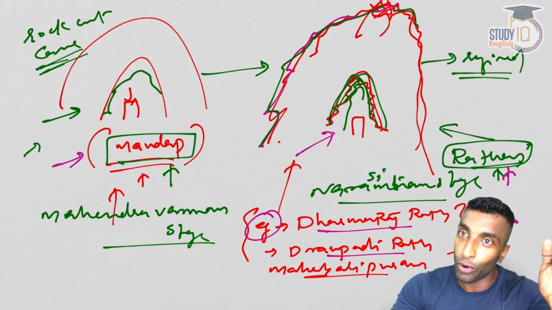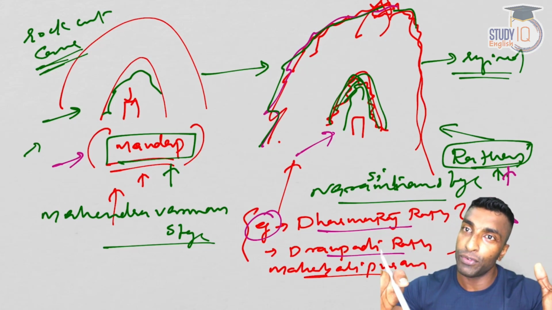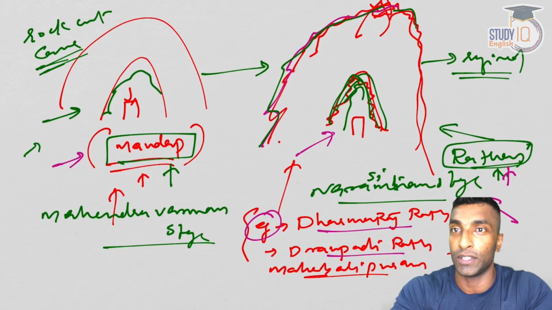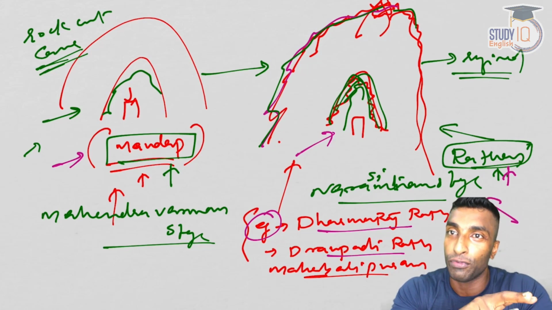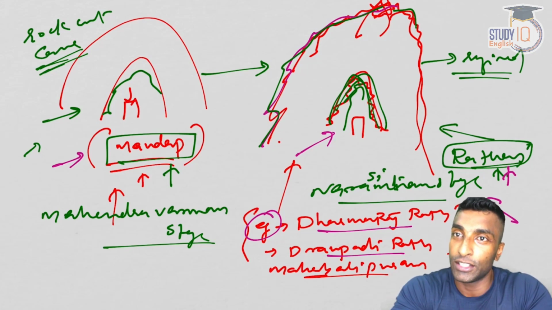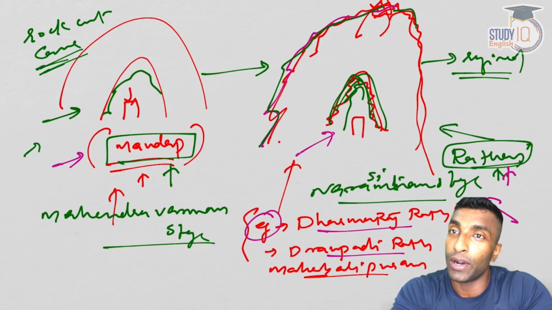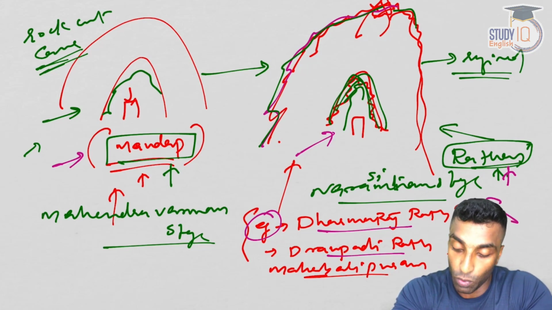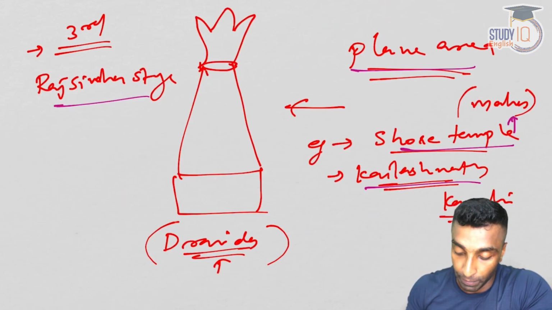Though it's in the hill only, it's not in a plain area, it's not separately constructed, it is carved out from the hill, and it is a cave which is modified. But still, it got a look and feel of a temple for the first time. First it was a cave, now it got the look and feel of a temple, some kind of structure. That is the Narasimha stage, and they started calling these Rathas. For example, Dharmaraj Rath and Draupadi Rath at Mahabalipuram. Mahabalipuram's other name is actually Mamallapuram.